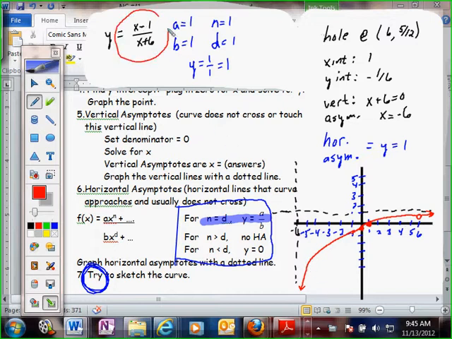Look at the function. What kind of function does this look like? Remember our reciprocal function from the beginning of the year, where we had 2 pieces of it? And so if I have one piece over here, I bet I might have the other piece over here. Never touches this vertical asymptote here, and never touches this horizontal asymptote here, and goes off that way.